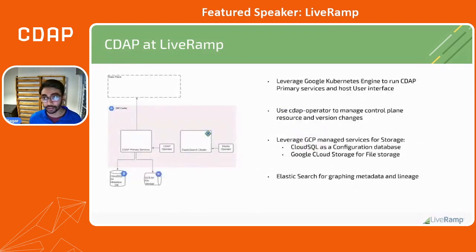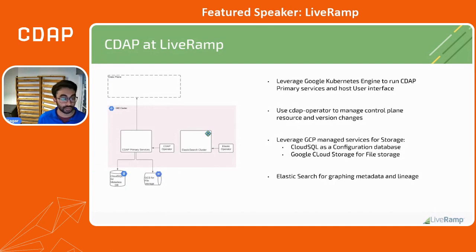I also want to add that, as Sri mentioned, with CDAP there's been evolution of how and where you can run it. And so at LiveRamp, we've been early adopters of running CDAP on Kubernetes. So we run the complete control plane on Kubernetes to host all the primary services and the user interface. As an engineering team, we leverage the CDAP operator to actually make this happen.